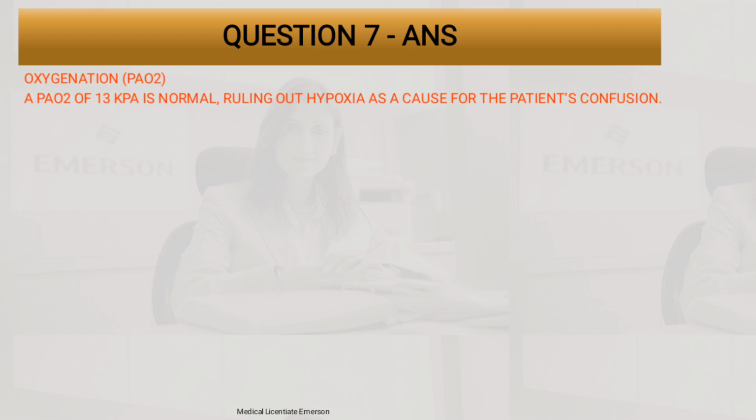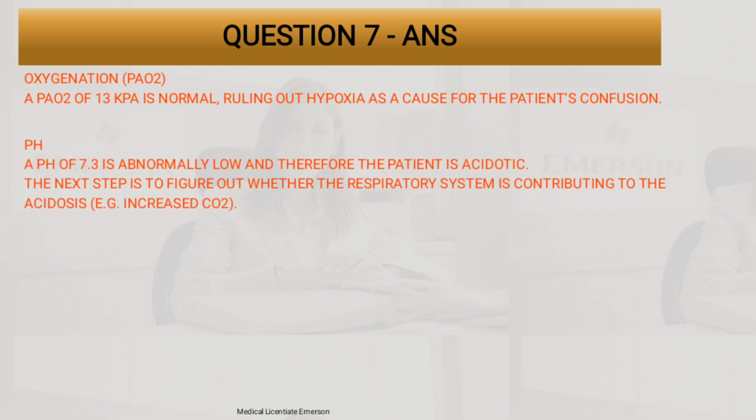Then in terms of breaking them down, in terms of oxygenation, the partial pressure of oxygen of 13 kilopascals is normal, ruling out hypoxia as the cause of the patient's confusion. Then a pH of 7.3 is abnormally low, and therefore the patient is acidotic.